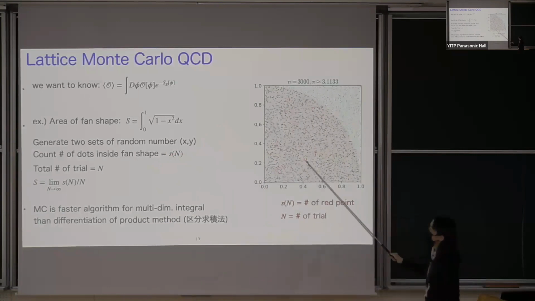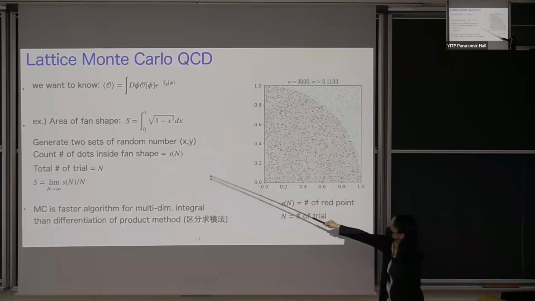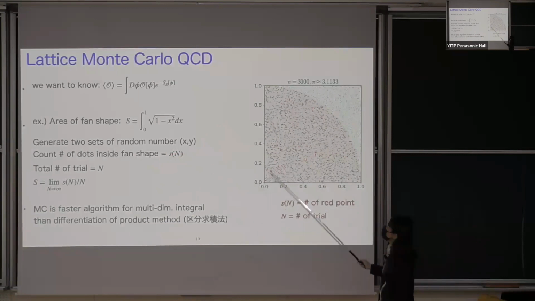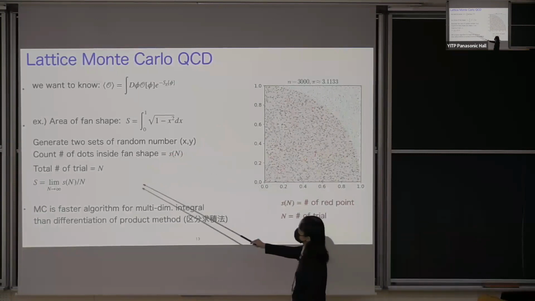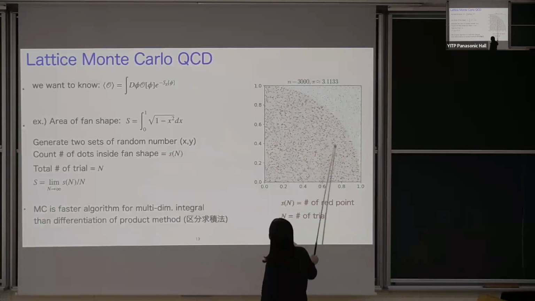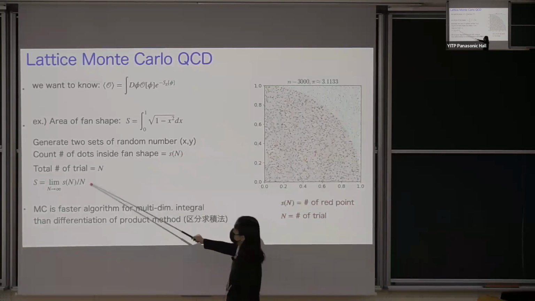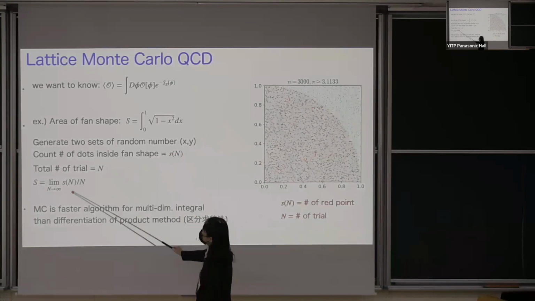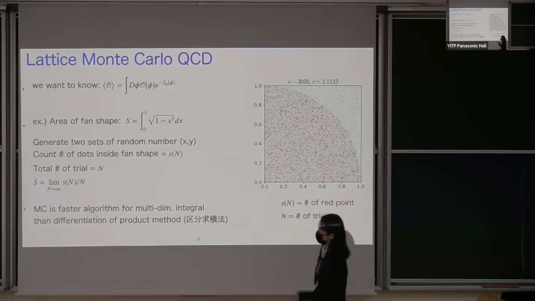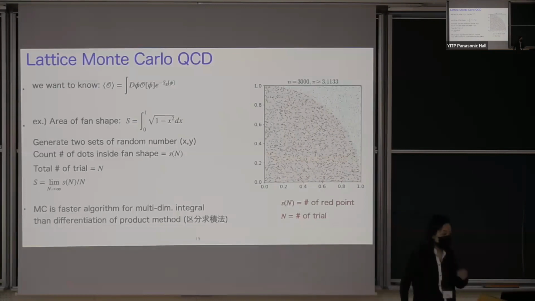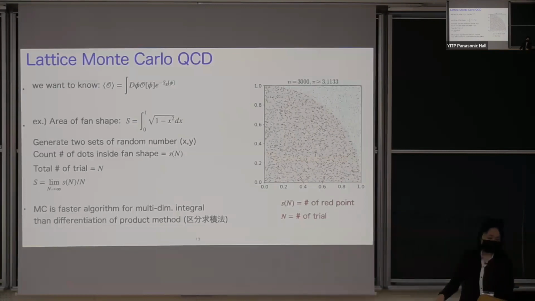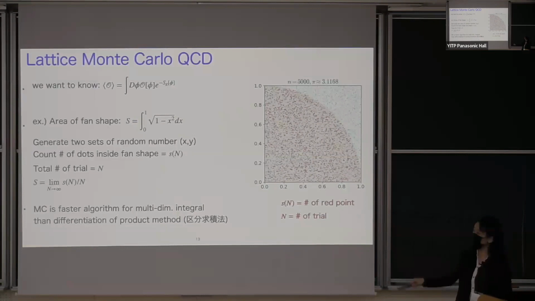It is denoted Sn. And we also have the total number of trials n. Then taking the ratio of Sn and this total n, and taking the n goes to infinity limit, we obtain the area of this fan shape.